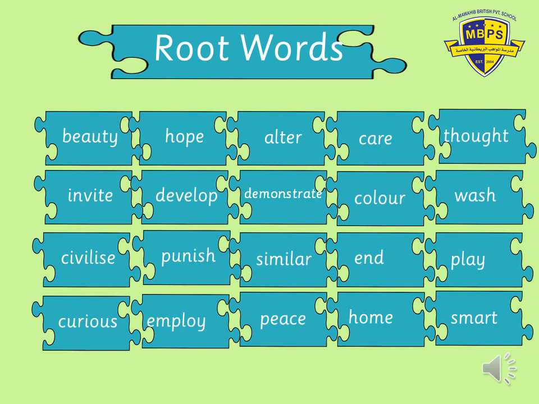Beauty, invite, civilize, curious, hope, develop, punish, employ, alter, demonstrate, similar, peace, care, color, end, home, thought, wash, play, smart. Students, we will use these root words to make new words by adding suffixes.